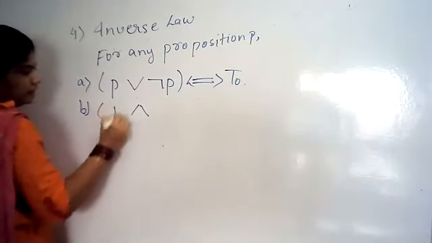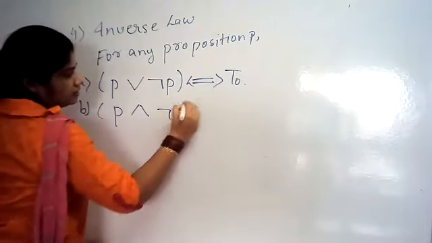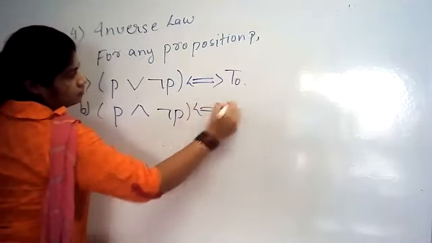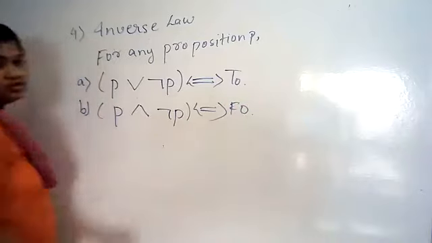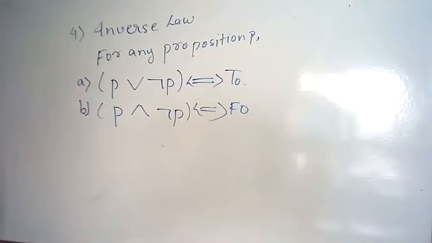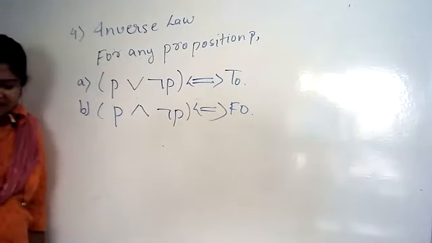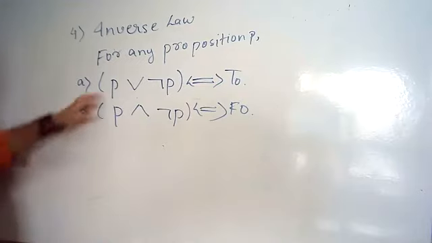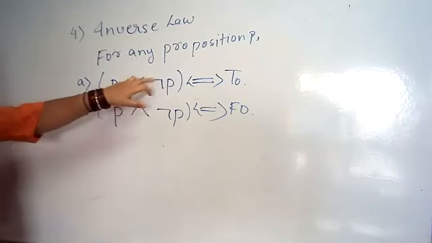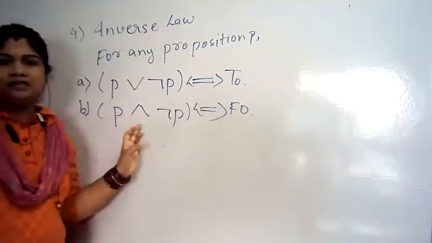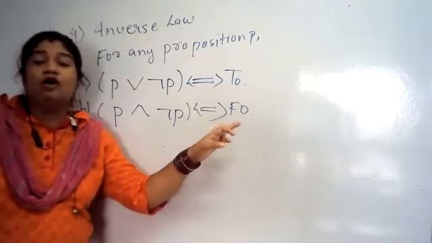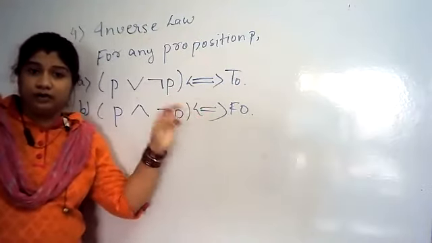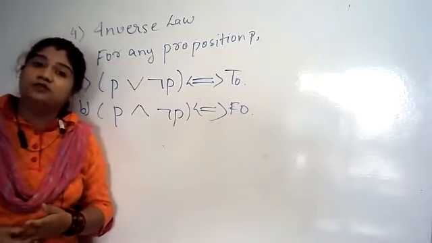The other one, P conjunction negation P, is contradiction. So here the inverse law says that P disjunction negation P is tautology, and P conjunction negation P is equal to contradiction. I told you these laws will be slightly confusing.